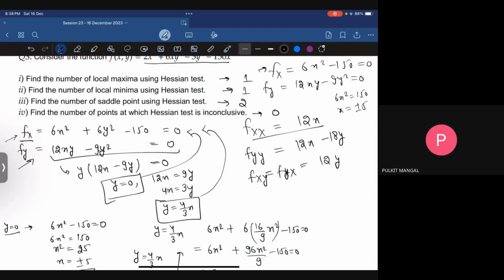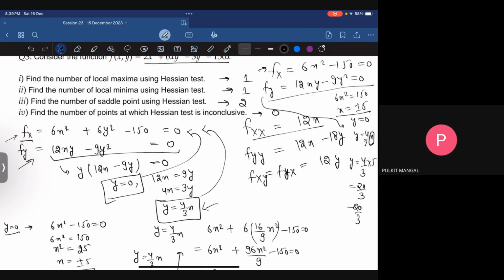Now on solving the second equation here, you will get y equal to 0 and again y equal to 4 by 3 x, and this x value you need to take from the above equation. So you'll get 4 by 3 into 5, that is 20 by 3, or negative 20 by 3.